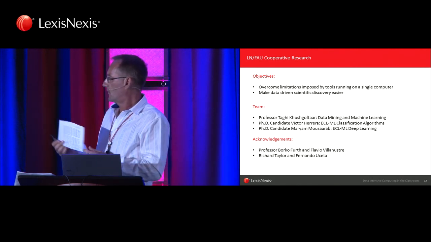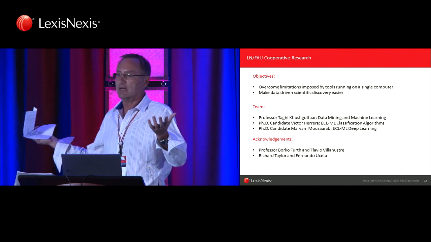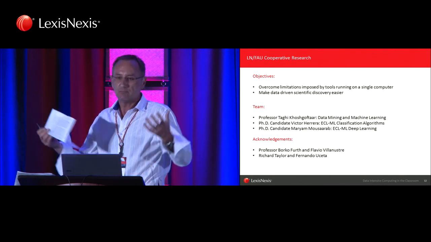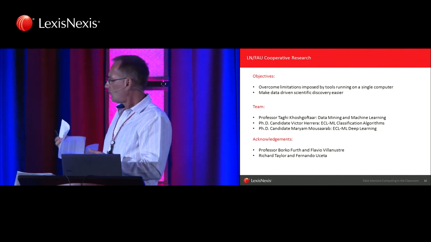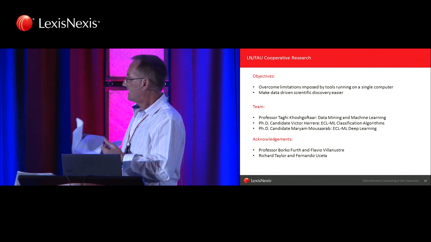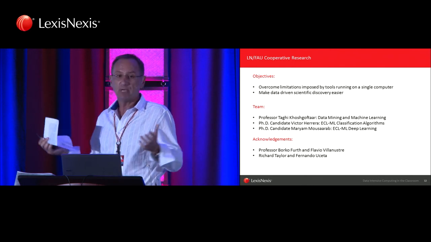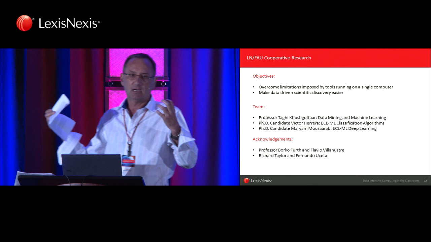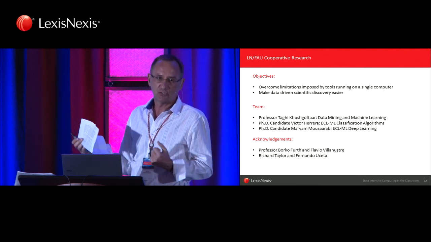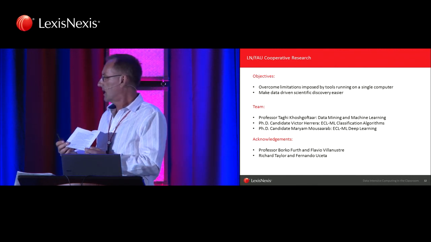Professor Borko Furht and Flavio made it possible for that collaborative effort to start. The team, Taghi Khoshgoftaar, Victor and Miriam, have been working very hard. Victor really has added lots of functionality to our machine learning library.